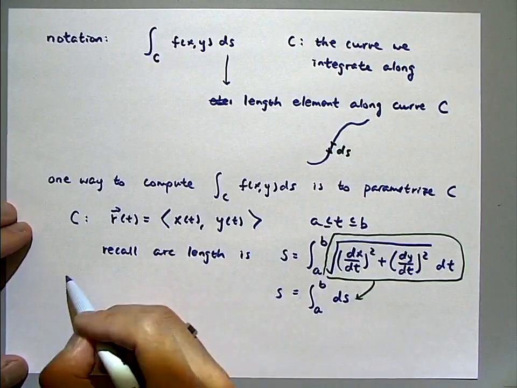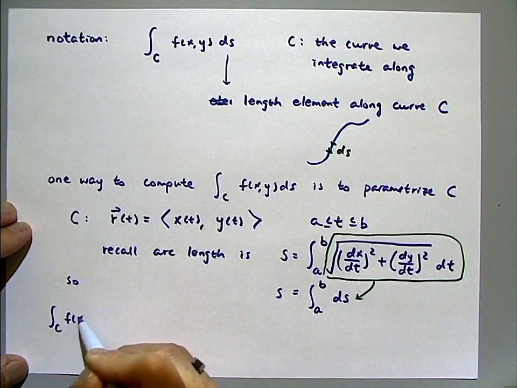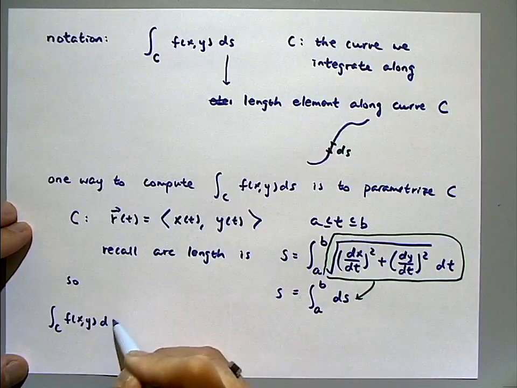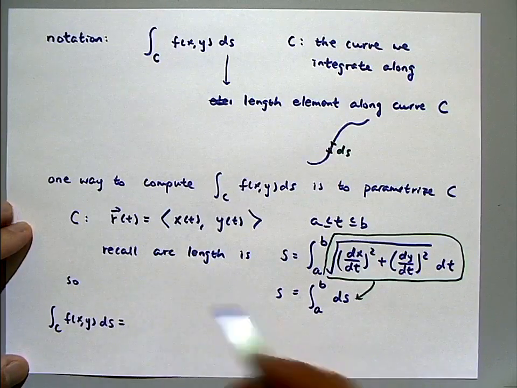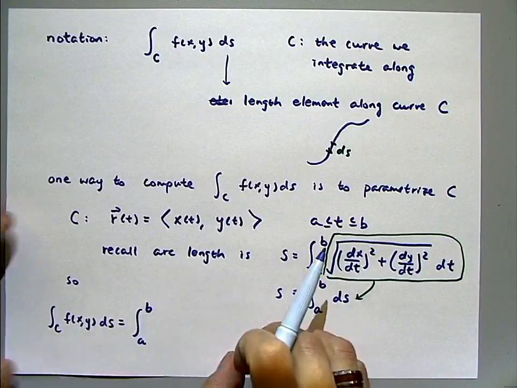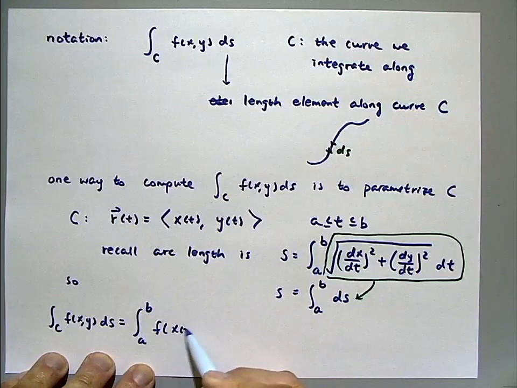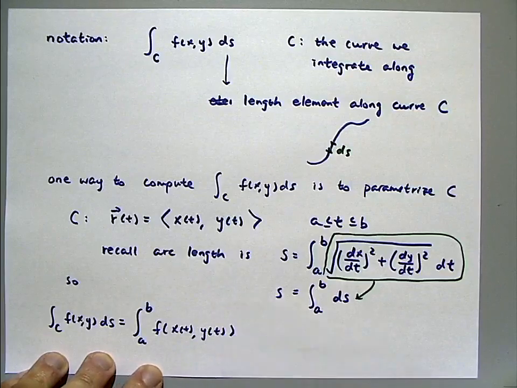All right, so therefore, the line integral we're trying to do, f of x y ds, can be rewritten as an integral from a to b. The function f, now instead of with x and y being the variables, we have to change to t.